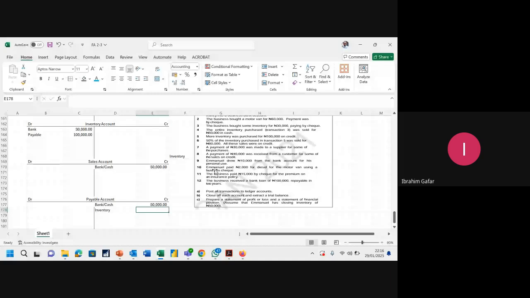You are debiting payable. We did something the other time. We said when you put something on the debit side of your payable account, what does it mean? Can you remember? Is the money going out?